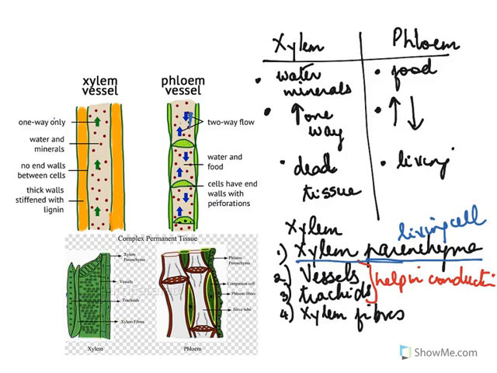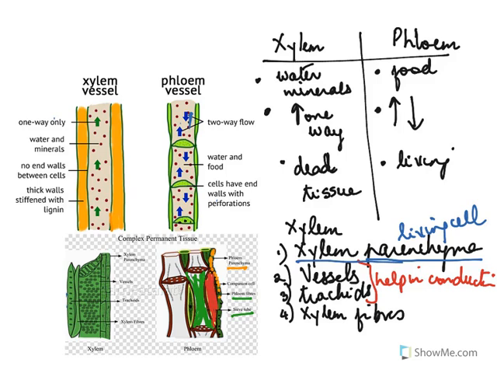Now when we go to phloem, the phloem again is made up of, here we have the phloem parenchyma. Then we have the sieve tubes, which are the most important cells. Then we have the companion cells, and next to the companion cells we have the phloem fibers.